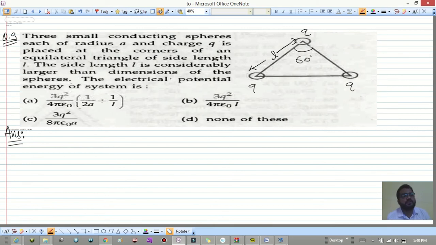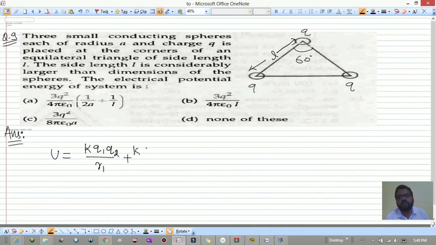Electrical potential energy is very simple. U is equal to, due to the first two charges, Q1 Q2 divided by R1, then due to Q1 Q3 charge R2, plus due to Q2 Q3 charge R3.